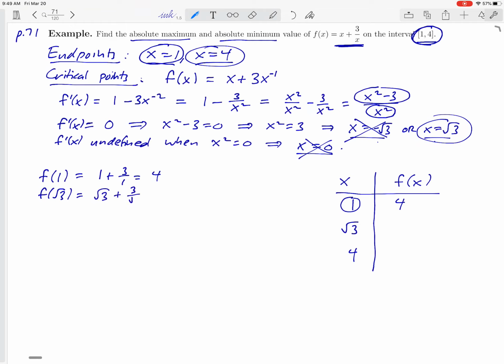Then we're going to move on to the square root of 3. You can maybe ask your calculator on this. This is going to give you, if you round it off, 3.46. And then finally f of 4. That's going to give you 4.75.